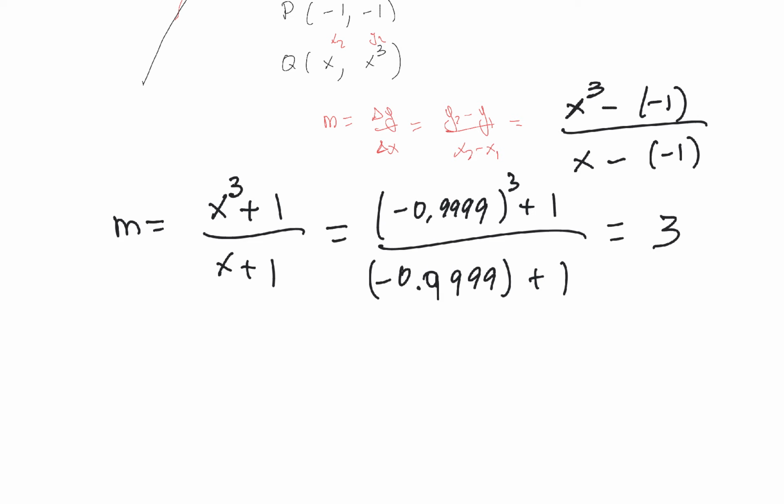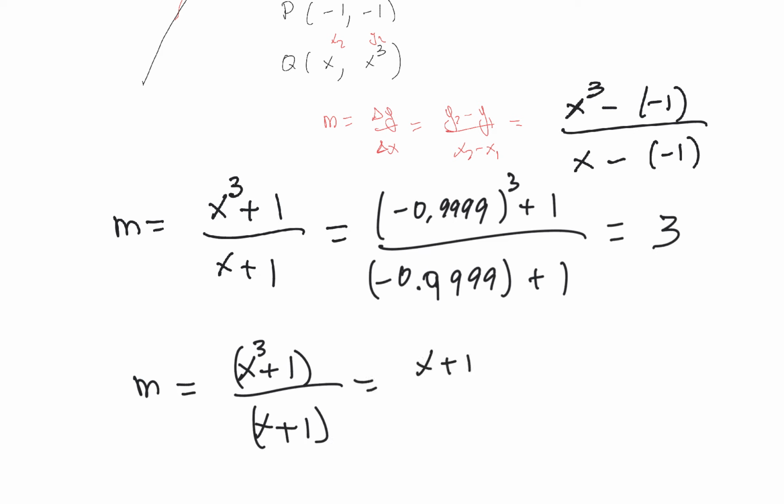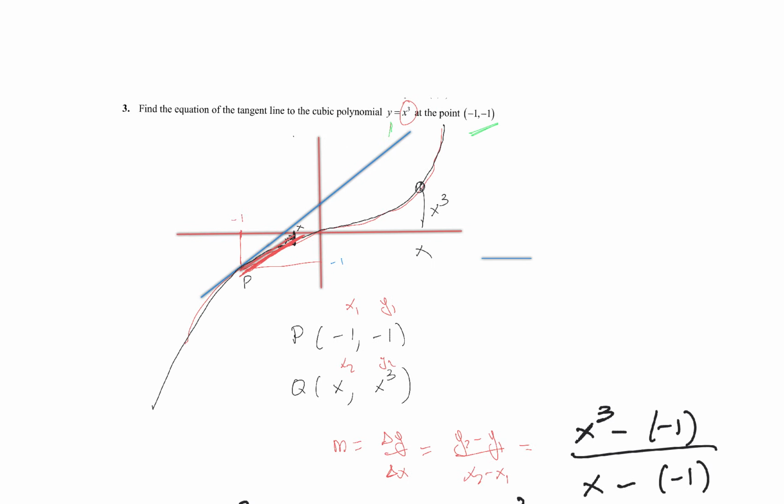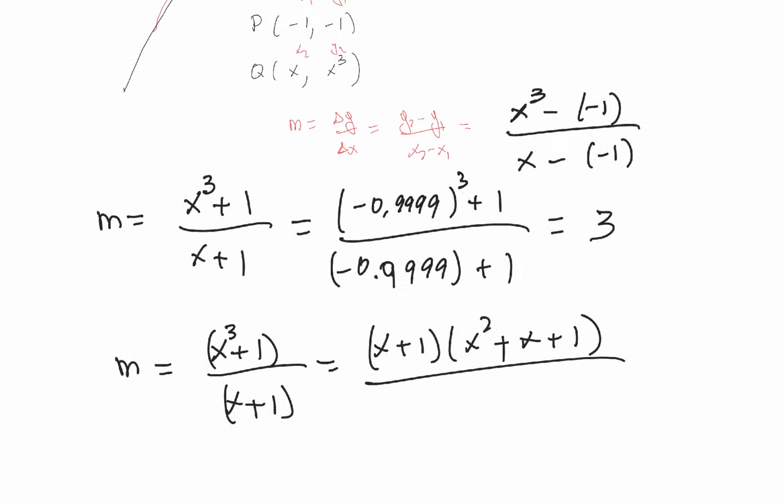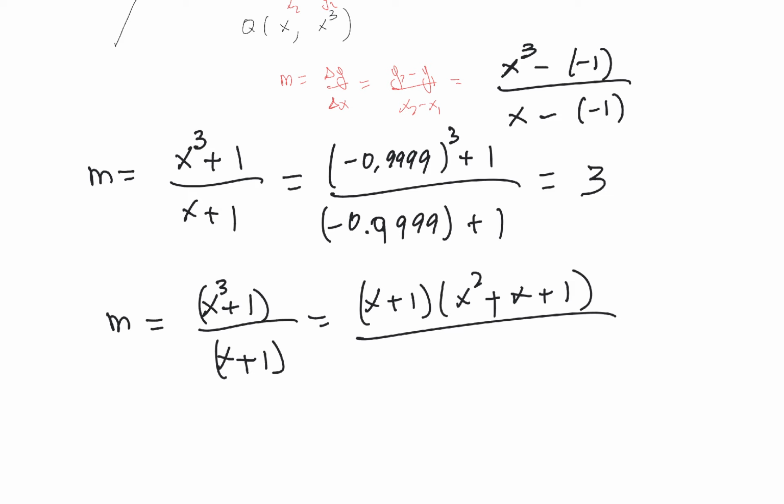The way that we do it in mathematics is like this. x cubed plus 1 can be factored in two terms: x plus 1 multiplied by x squared minus x plus 1. I always lose track of it, so let me correct here.